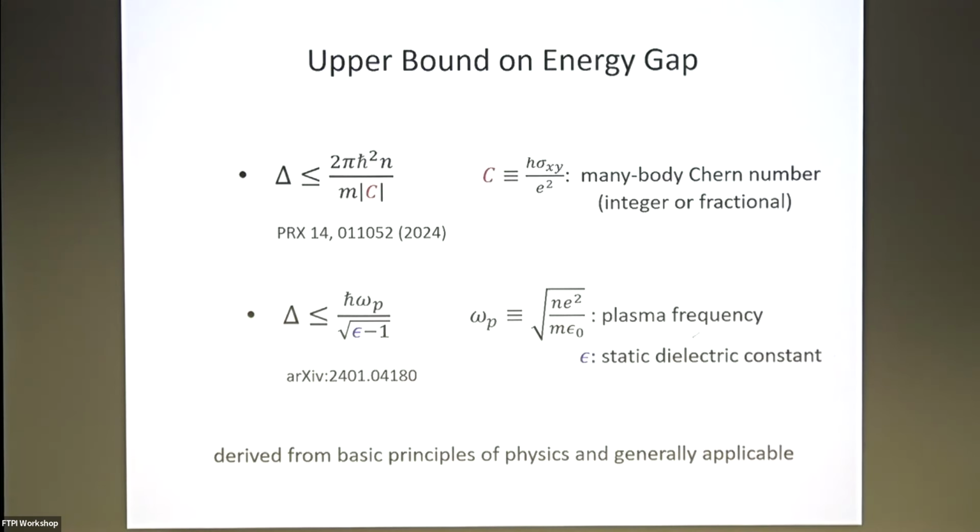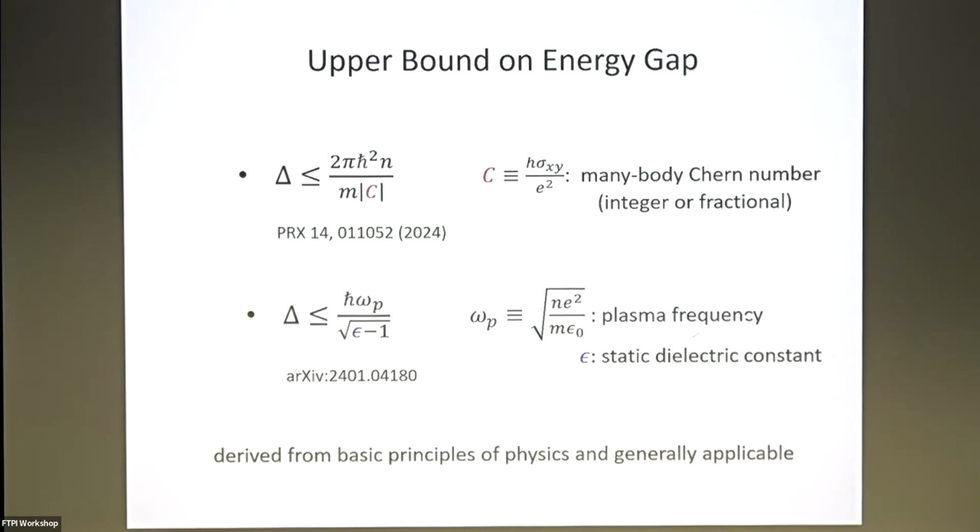Very simple result. The second part of this talk is about three-dimensional insulators, even non-topological insulators, and we found that there's also an upper bound on the energy gap. In this case, it depends on the static dielectric constant epsilon.